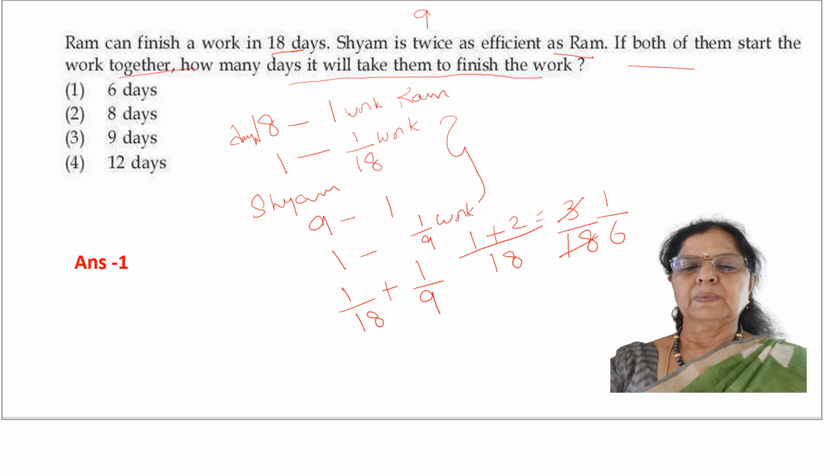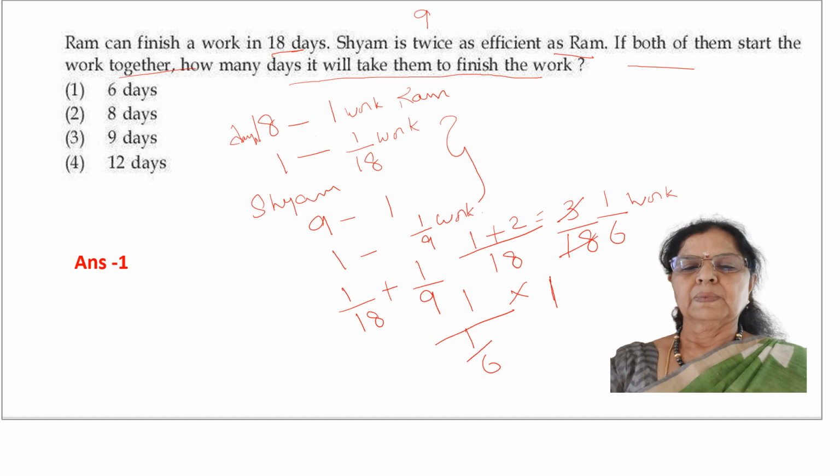Isn't it? This is the work finished by them together in one day. So if 1 by 6th work is done in one day, how many days will it take for them to finish one full work? One full work is 6 by 6, right?